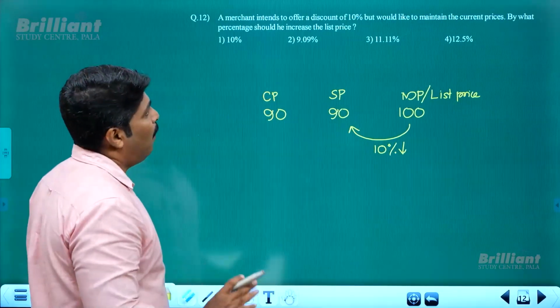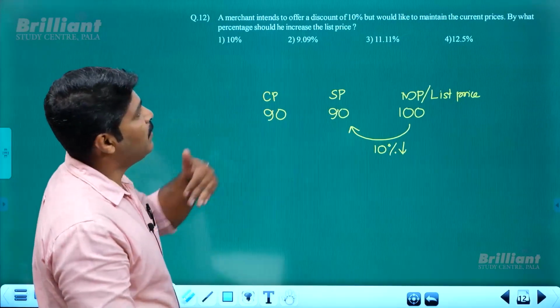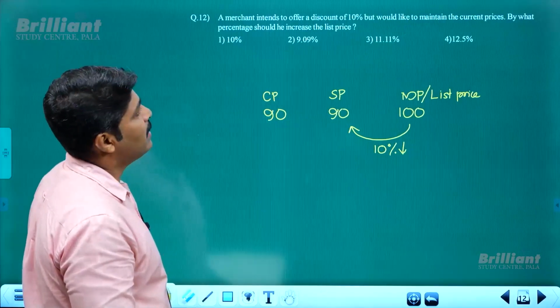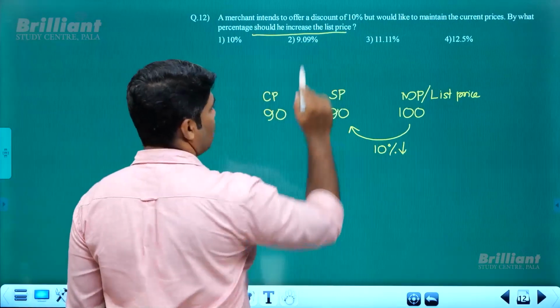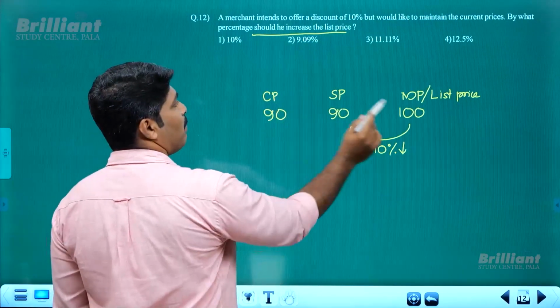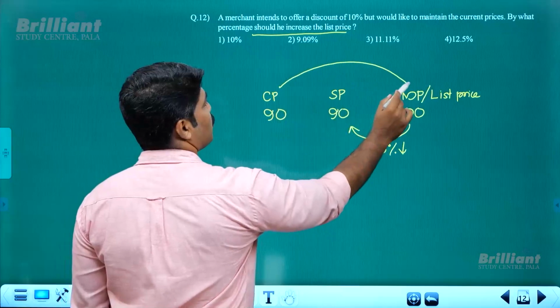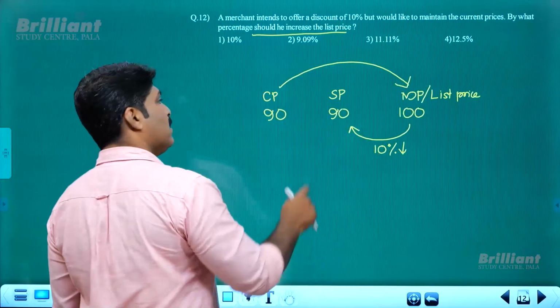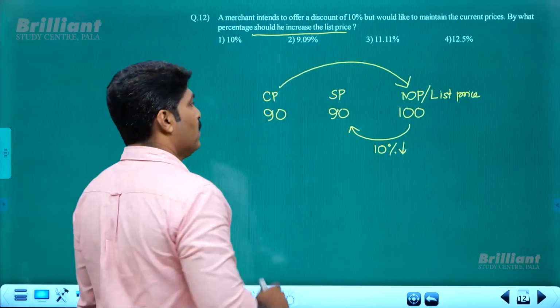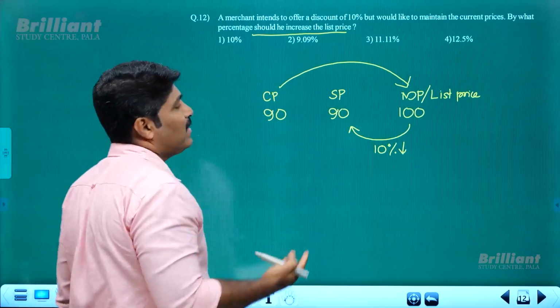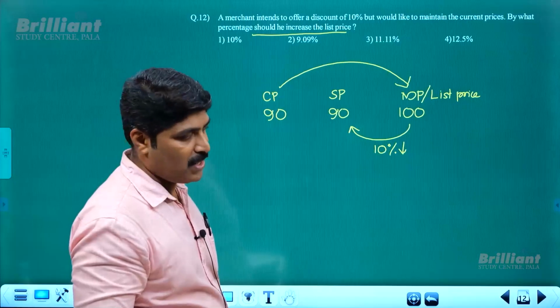So then, what is the markup percentage? Here, by what percent should he increase the list price means, so this marked price is what percentage more than cost price. This variation is also called a markup percentage.